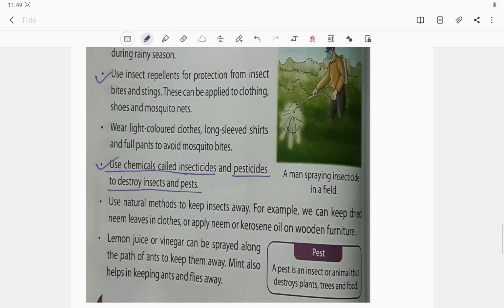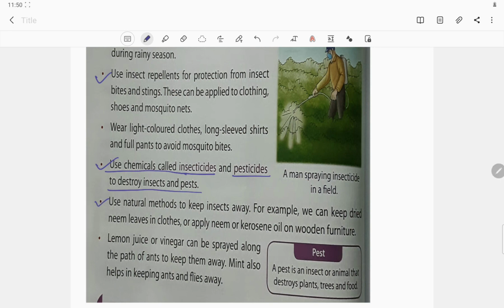Insecticides are used to specifically target and kill the insects, right?